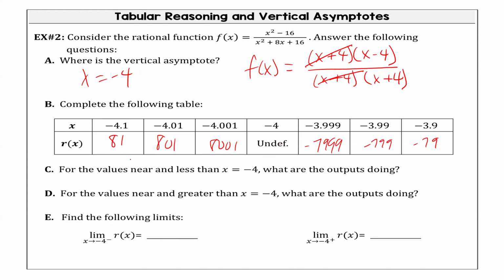Is decreasing, is decreasing without bound. For the values near and greater than negative 4, what are they doing? They're increasing without bound.